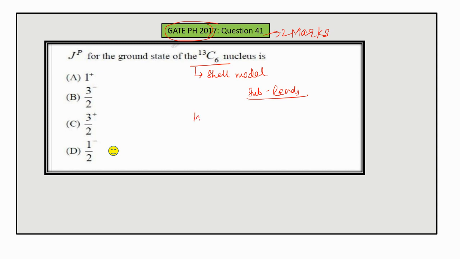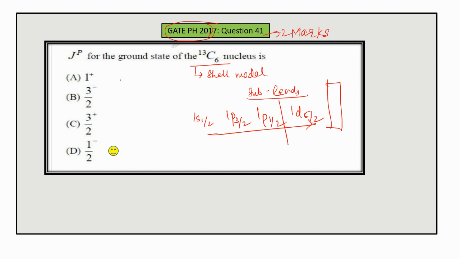There are sub levels like 1s 1/2, 1p 3/2, 1p 1/2, 1d 5/2, and so on. I don't exactly know the order after 1p 1/2, but there is an ordering. Anyway, let's just see this question.